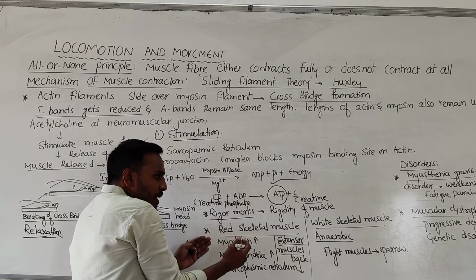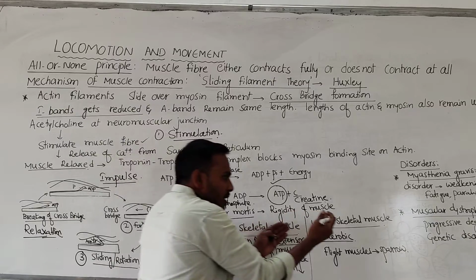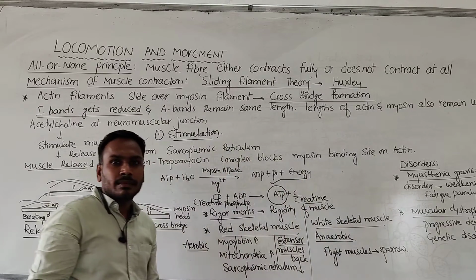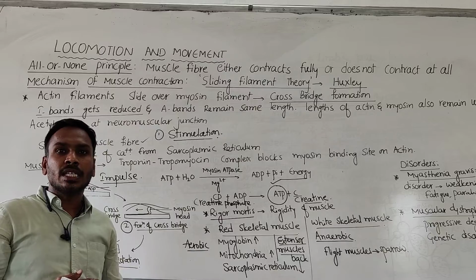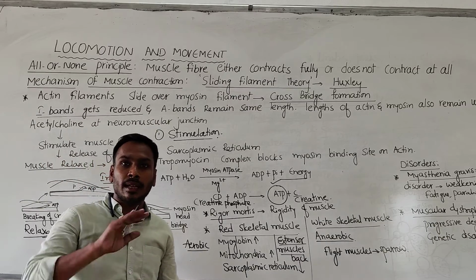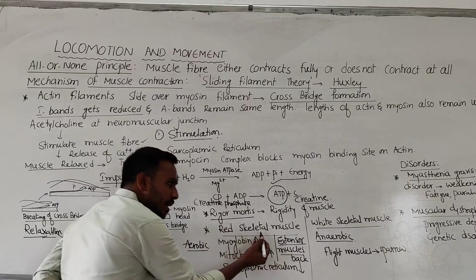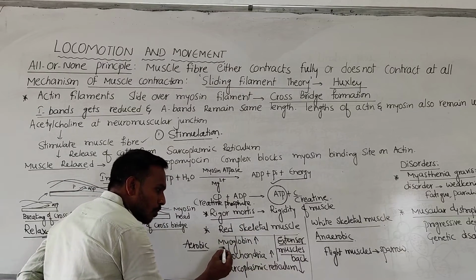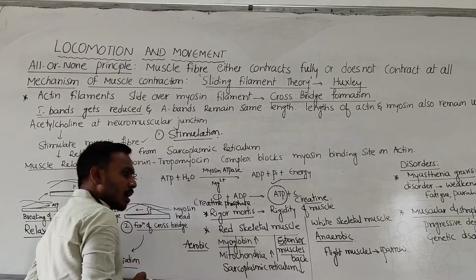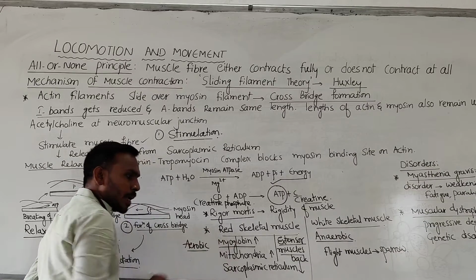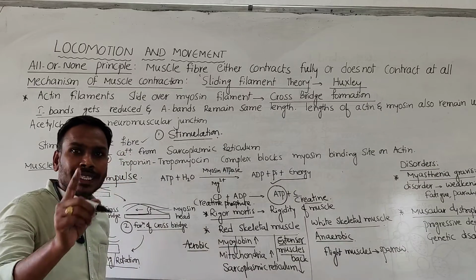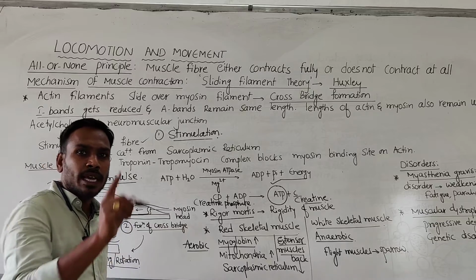What is a red skeletal muscle fiber and what is a white skeletal muscle fiber? Why is the color given to the skeletal muscles either red or white? The red color in the skeletal muscle is due to the presence of rich myoglobin. Myoglobin is an oxygen-rich pigment in muscle.